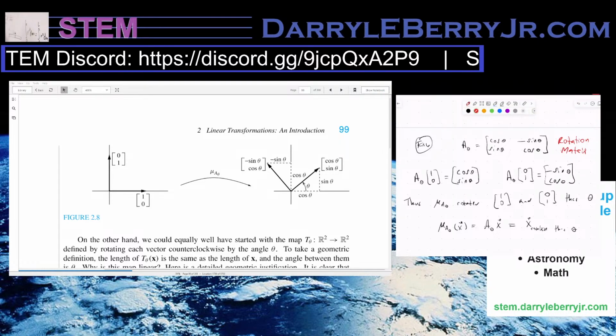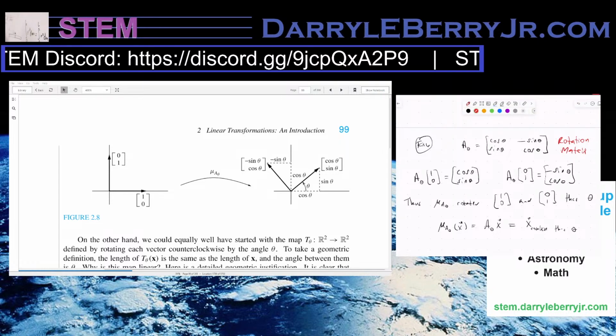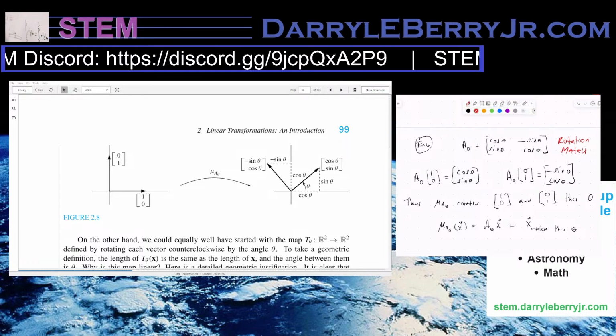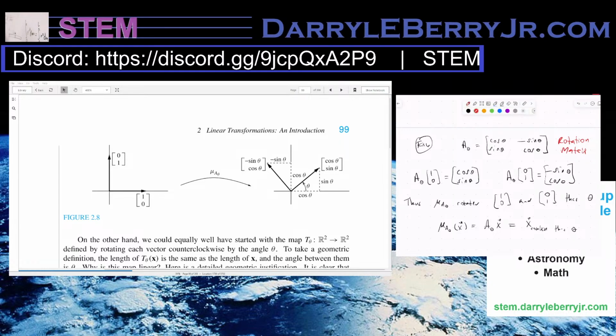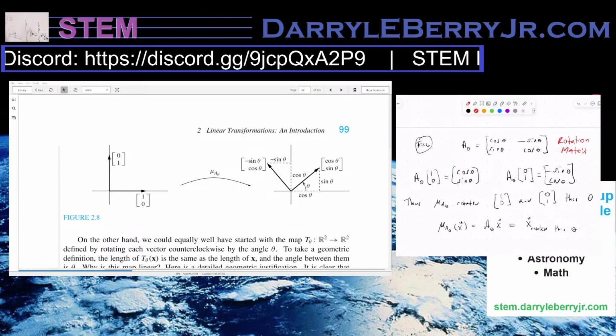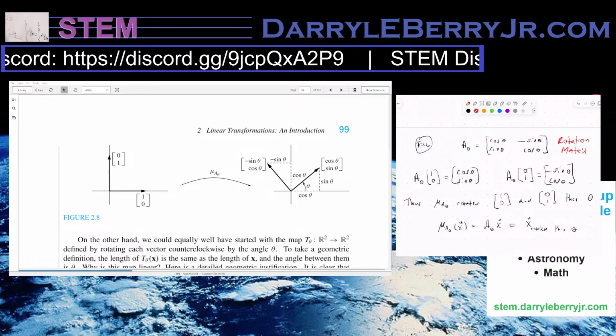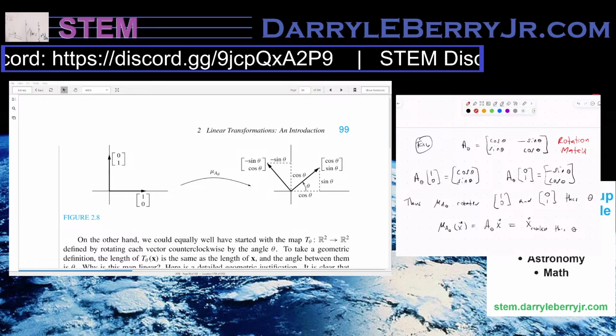So cosine theta, sine theta changes the first value, the x value, and negative sine theta, cosine theta changes the y value. All right? Through theta.